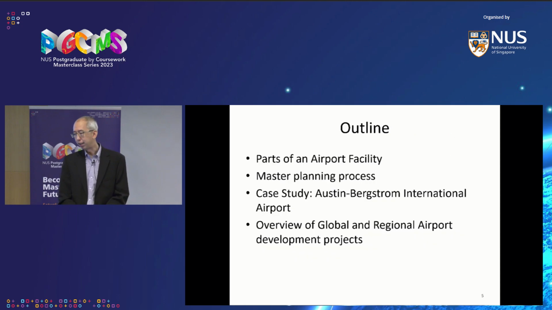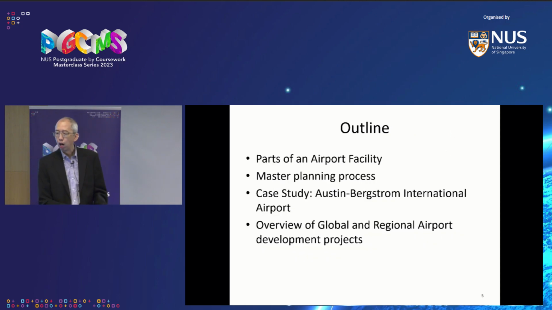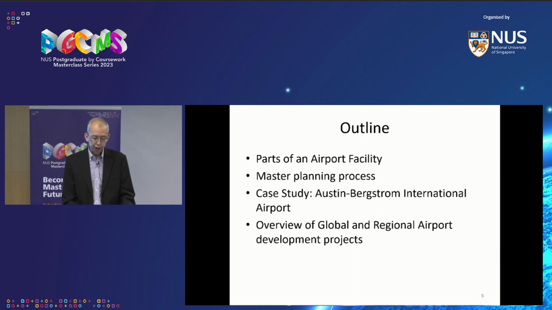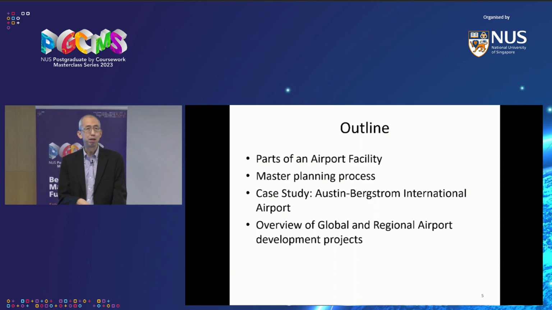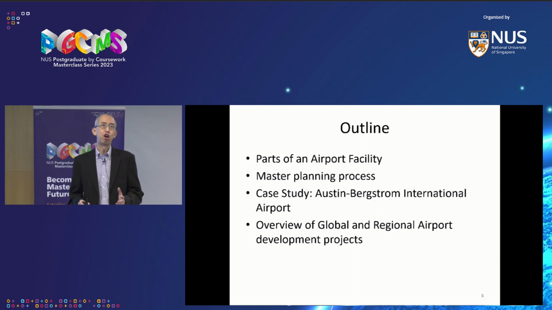So there are 4 parts which we are going to go through quite quickly over the next 35 minutes. I'm told I have to finish at the 35-minute mark, so I'm going to try and keep to that. For each portion, I'll be spending about 5 to 10 minutes. I'll be starting off with the parts of an airport facility.